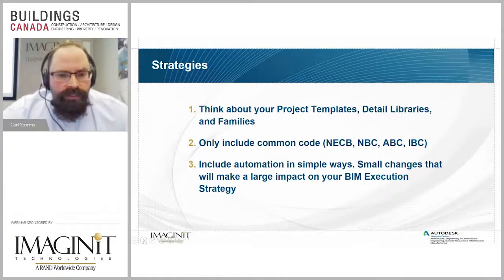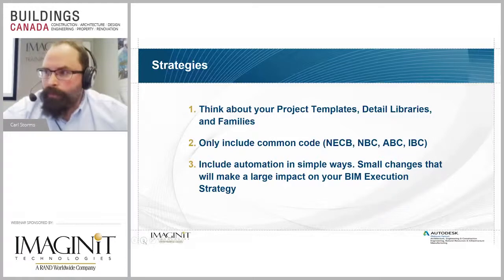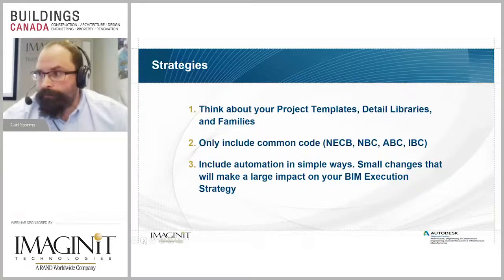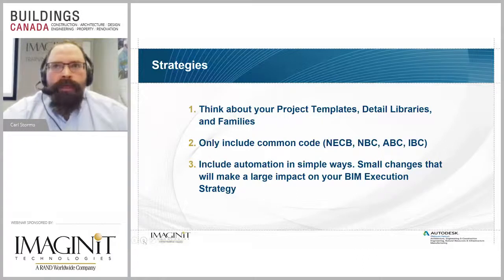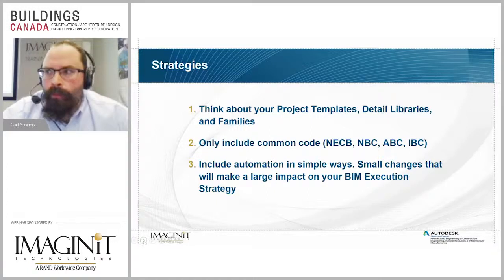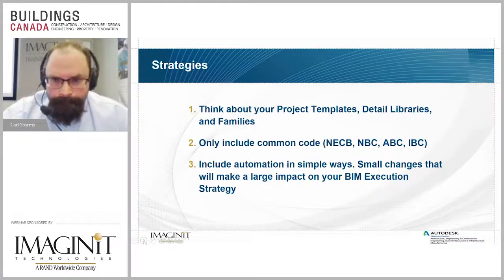So some of the strategies that we want to look at as we're working our way through. When we're working with our models, we want to think about things that we can do to improve our process when it comes to dealing with the National Energy Code or even just our general local building code, by putting the things that we know and that we can do, the low-hanging fruit, right into our template.